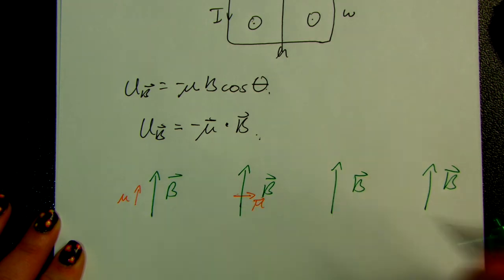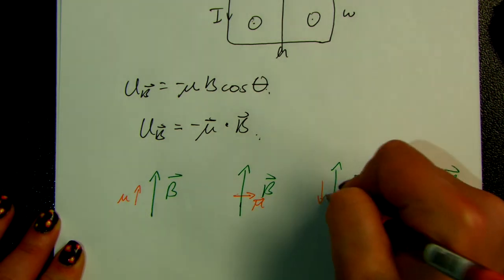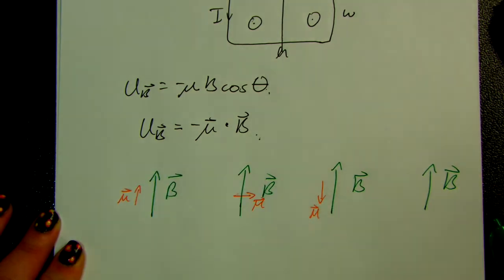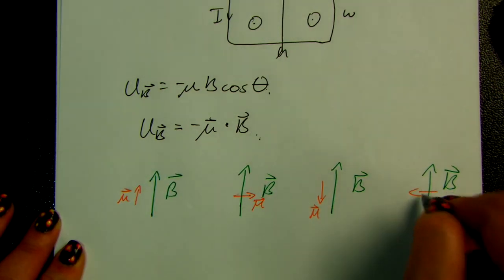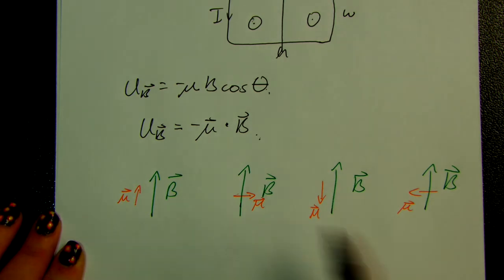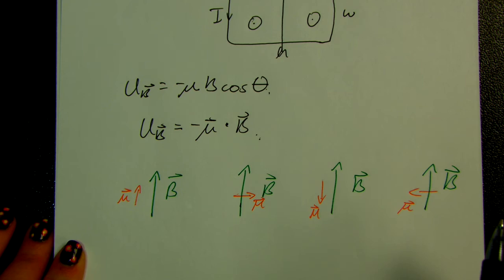Here we have mu going perpendicular, mu going in the opposite direction, and mu going perpendicular again, but in the opposite direction as the first one. Which one of these is going to have the lowest potential energy?